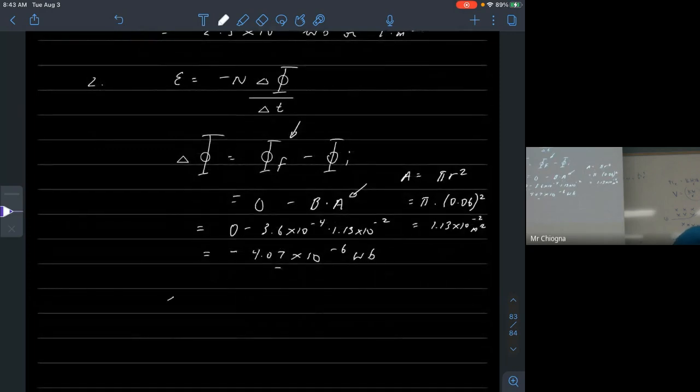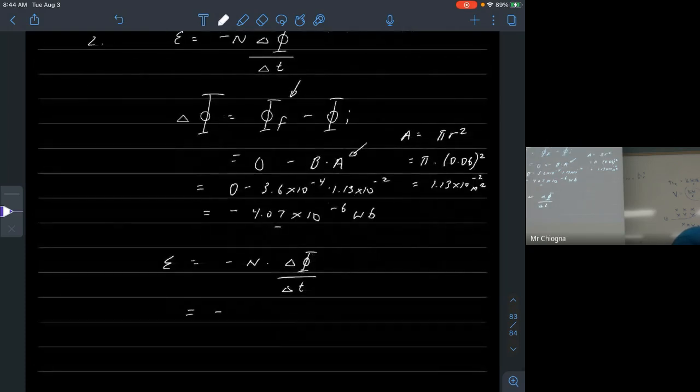And then the induced voltage is just the number of turns times the change in flux. I'm just rewriting the equation. That number of turns is 200. Change in flux is this.